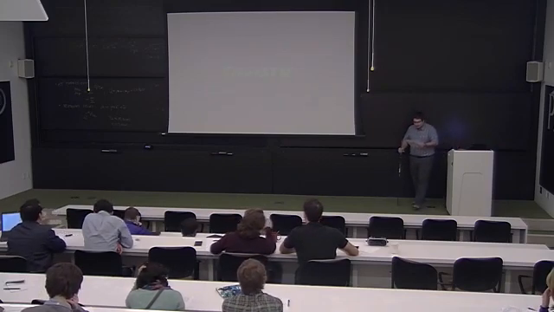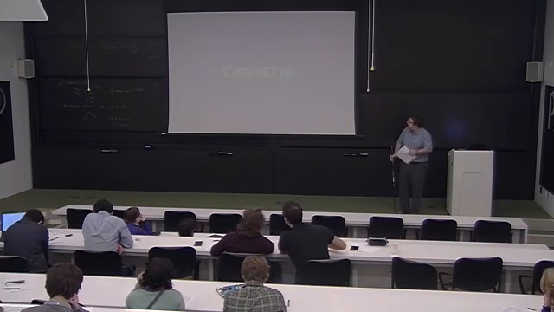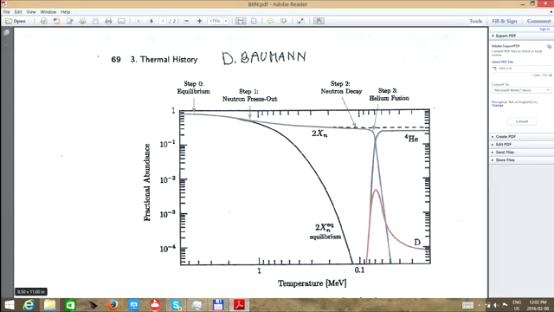Basically the first picture shows how this calculation went. You start from an equilibrium situation, and the number density of neutrons is governed by equilibrium. Here is the fractional abundance of elements, and here is the temperature or time when this happens.